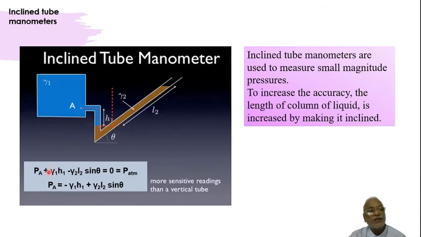Now, how to write the expression for the pressure? It is the same. You move horizontally, no change. You go down, you add up gamma 1 through height h1, gamma 1 h1 plus. Now from this, I'll move on this side. Look at this. It is the same liquid, because of that I can move, come here.